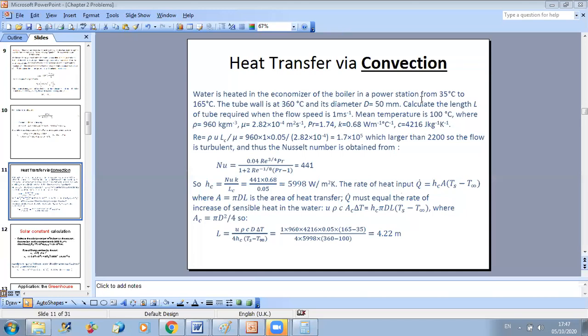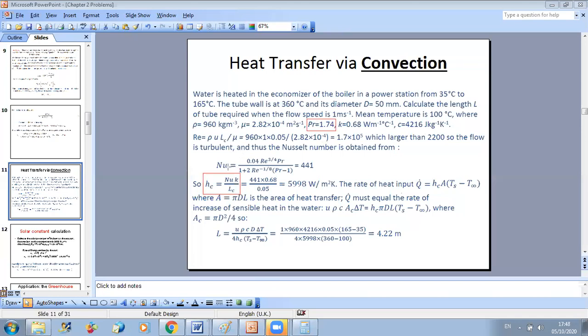So the first step to do, they gave you the Prandtl number. It's given. Okay, and we have developed in the course that H is related to the Nusselt number. So since H is related to Nusselt and they gave me the Prandtl number, I will try to use an empirical formulation that will give me the Nusselt number.